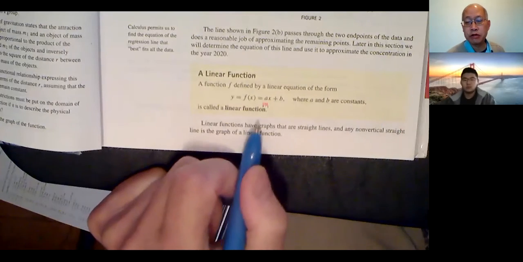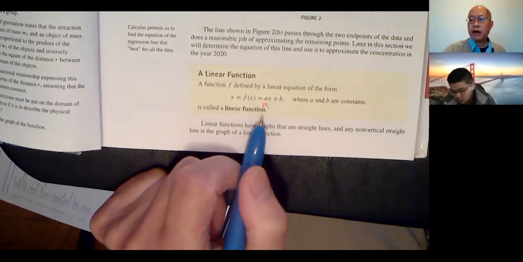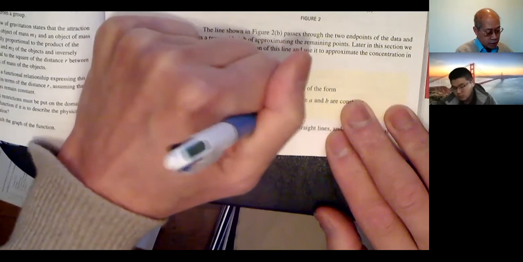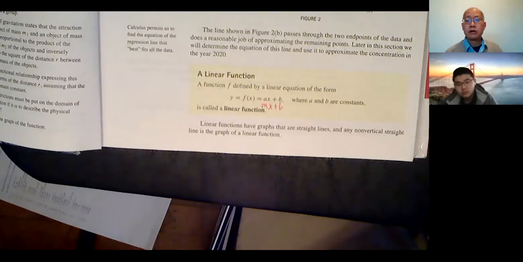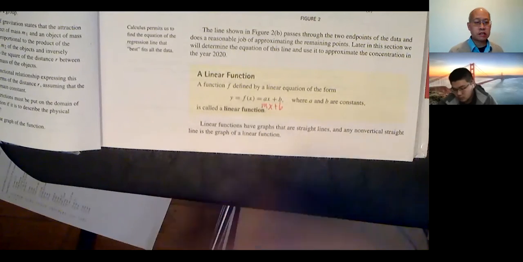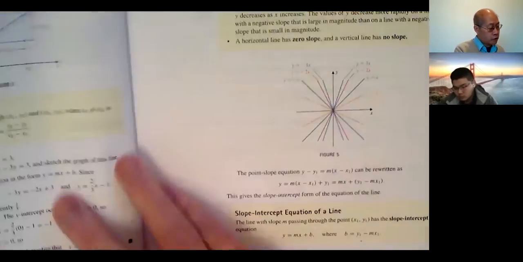I mean, that's the way it is in most books, right? So technically they're correct. You can have any constant, but since we already know that constant is slope, m, make it mx plus b. So you know y equals mx plus b, or f of x equals mx plus b, linear function.